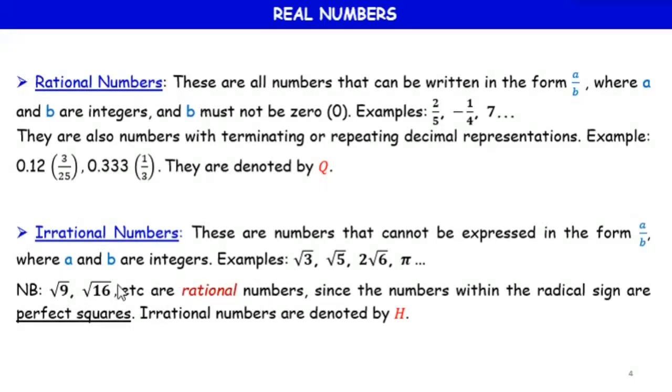So that is for you to note the difference between root 3, root 5, 2 root 6 and the root of perfect squares. Irrational numbers are denoted by the letter capital H. So that is the general distinction between rational numbers and irrational numbers. Okay, let's proceed.